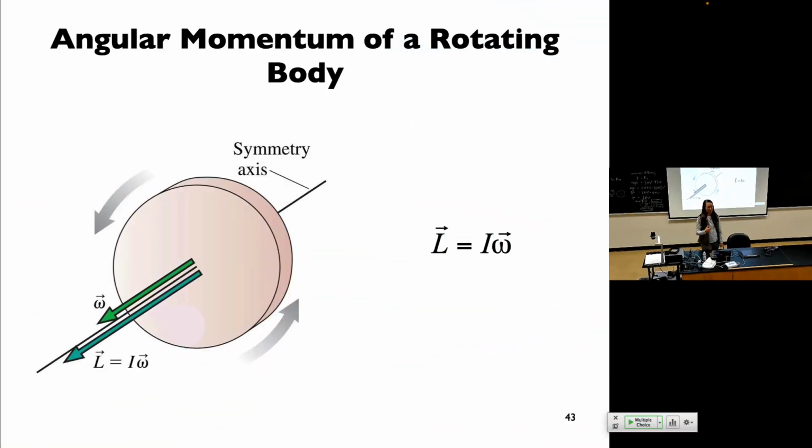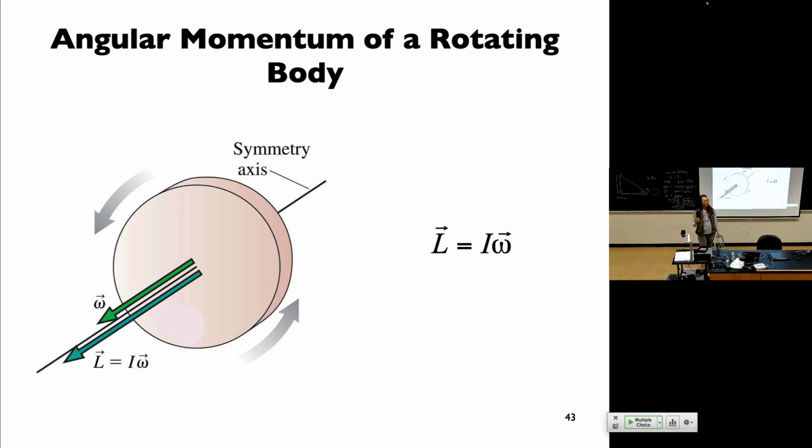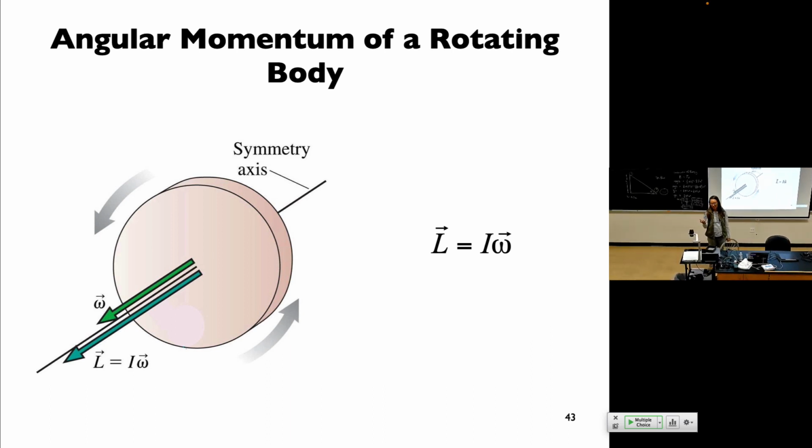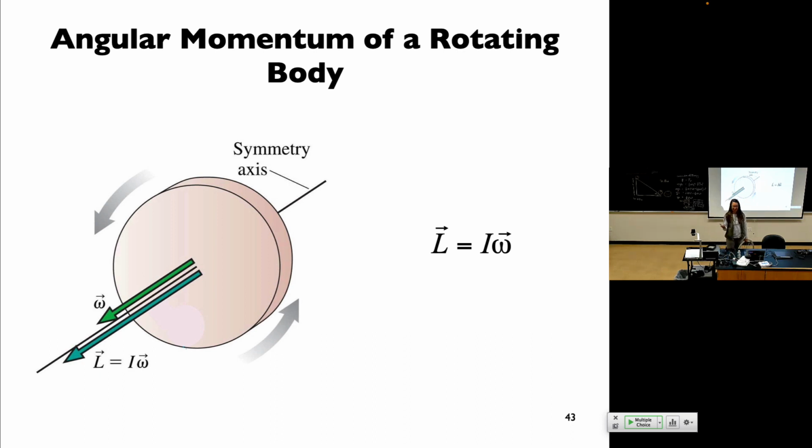So remember, momentum was what? How do we define momentum? Mass times velocity, and the momentum points in the same direction as the velocity vector, okay? For angular momentum, our rotational equivalent of mass is going to be moment of inertia, and our rotational equivalent of velocity is going to be angular velocity.